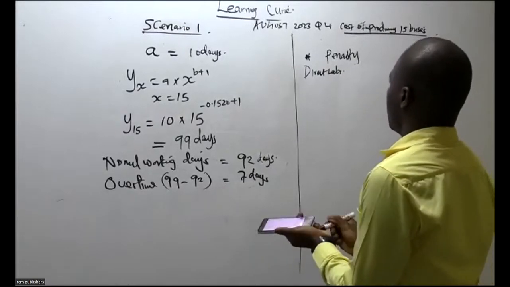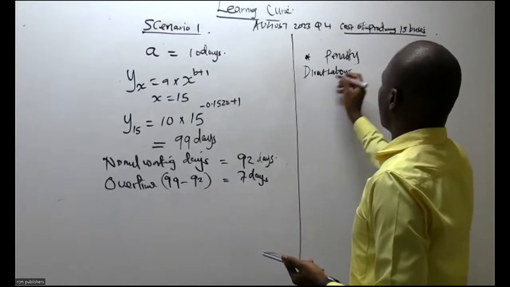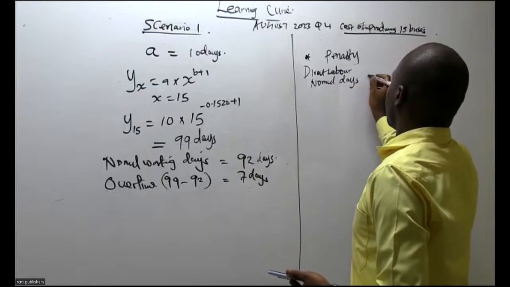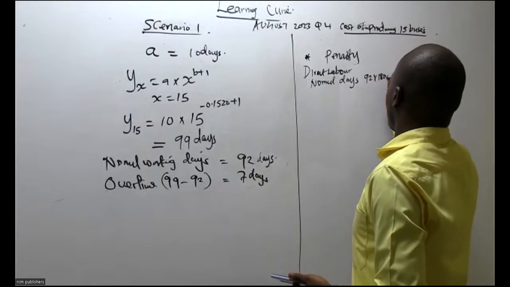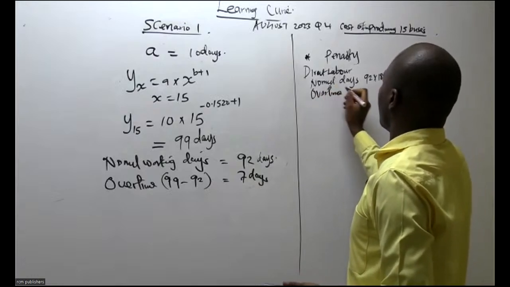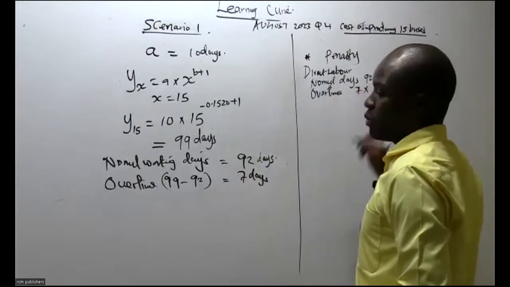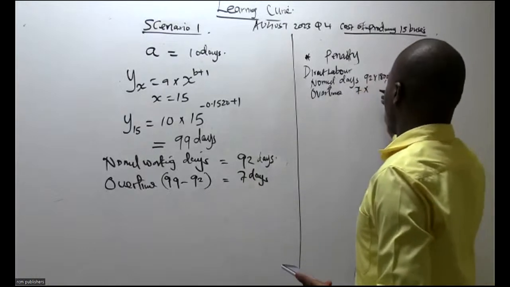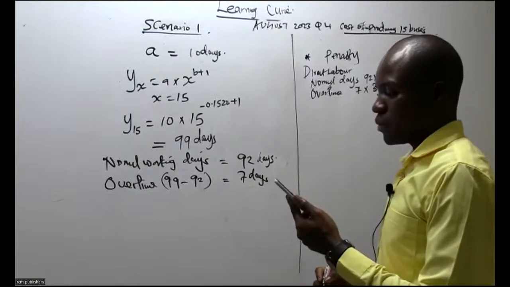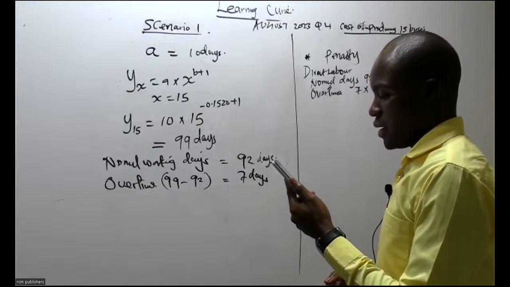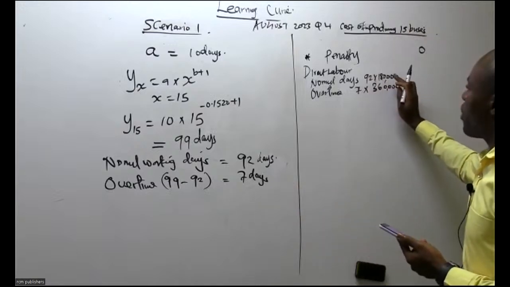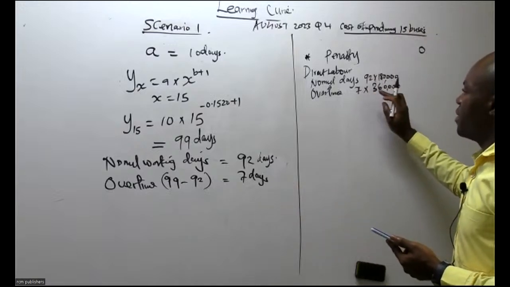Let me put it here, direct labor. Normal days, we are told, is 92. I've identified that overtime is 7 days. We multiply by, thank you, 360,000. So have we been able to get the figures? 92 by 180, then 7 by 360.